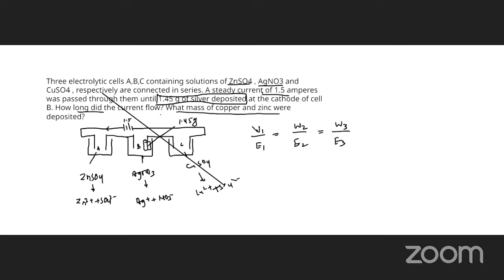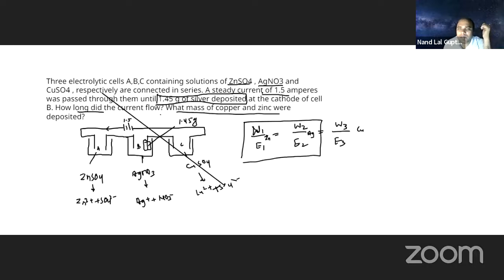Okay. So now you can use this equation, W1 by E1, this is for Zn, this is for Ag and this is for Cu. First of all, you can calculate equivalent weight, which is molecular mass upon N factor.